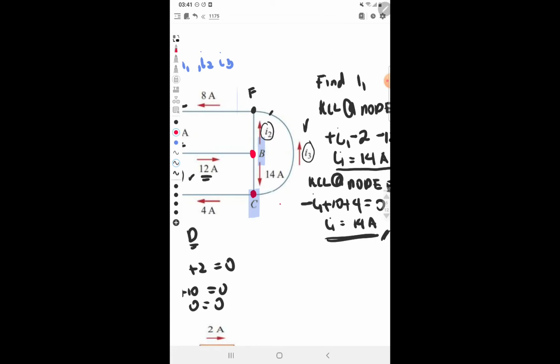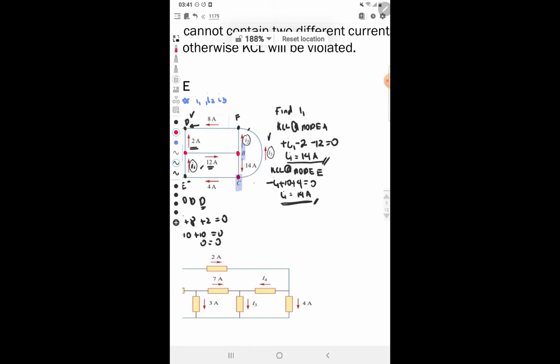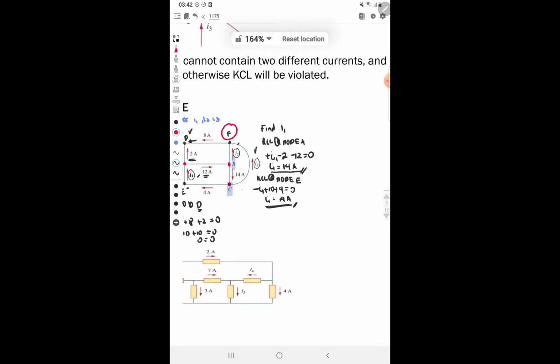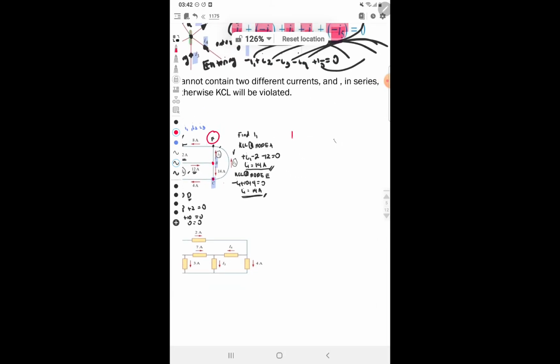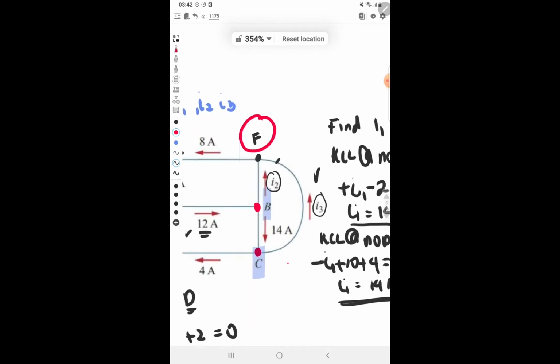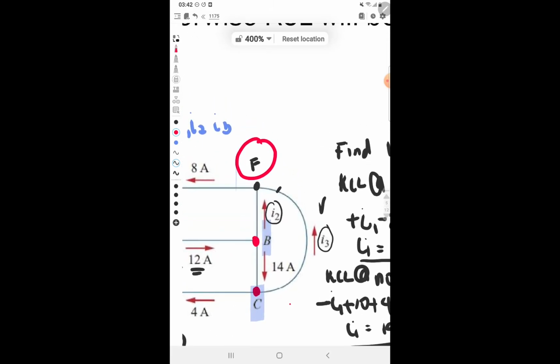So this is the strategy. If we take KCL at node F, we find I2 and I3. Let's find I2 first. If we take KCL at node F, this is our F. What currents are entering there? We have I2 and I3.